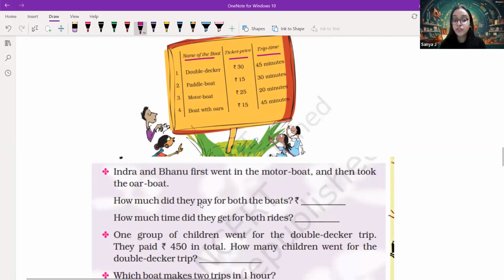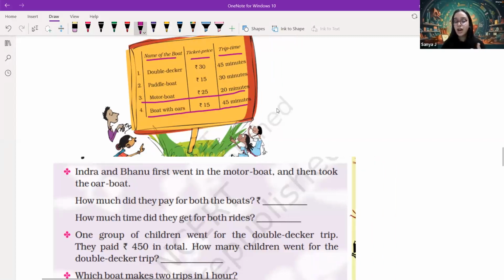Indra and Bhanu first went in the motorboat and then took the oarboat. Let's have a look. Indra and Bhanu took the motorboat, this is the motorboat over here, and then took the oarboat, which is right over here. How much did they pay for both the boats? Because Indra and Bhanu are going individually, they have to pay individually as well.